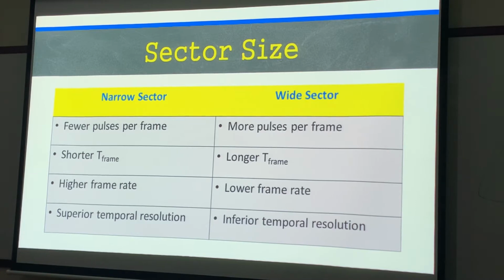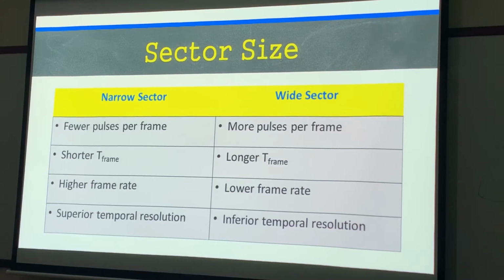Can you talk about where it says you get fewer pulse frames per frame, which causes a shorter T frame? And by causing a shorter T frame, that means what again? By shortening, when I have a narrow sector, I'm no longer having a big image where I'm using 100 scan lines.